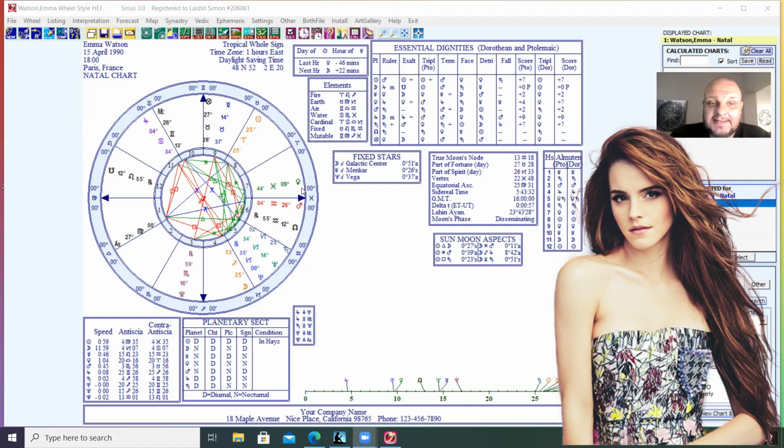Now, when you're looking at aspects in regards to your angles, such as the rising sign or the midheaven, they are moving extremely fast, but I wouldn't necessarily look at it that way. I would just look at the actual planets. Let's say I want to look at whether Mars is going to be doing anything with her midheaven.